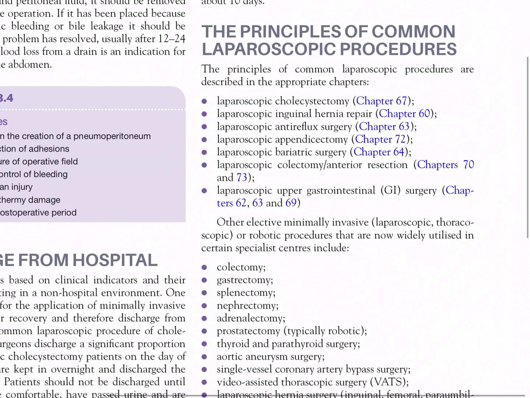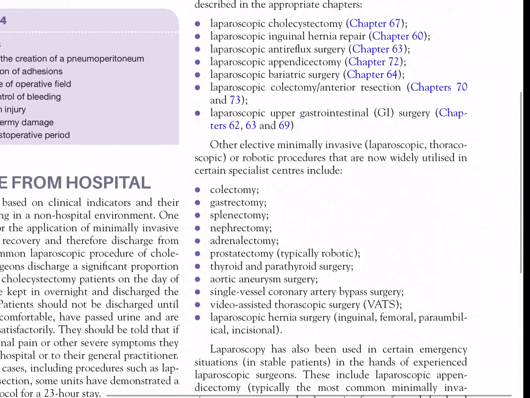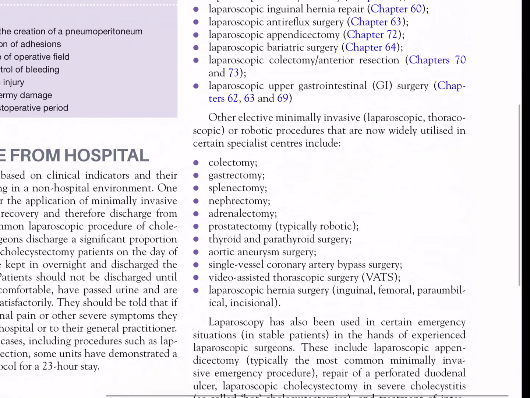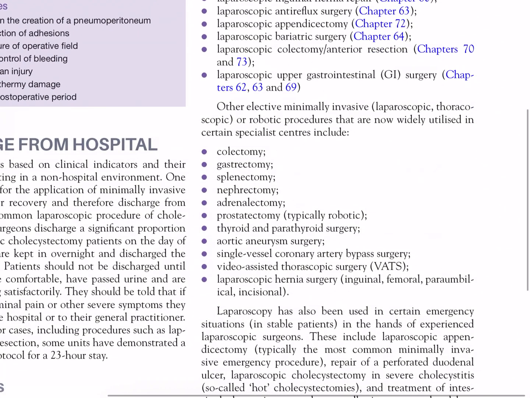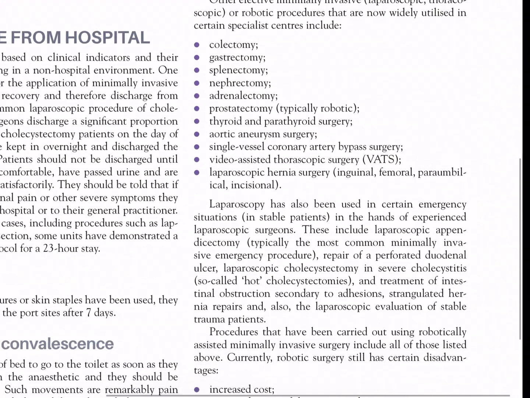Other elective minimally invasive laparoscopic, thoracoscopic or robotic procedures that are now widely utilized in certain specialty centers include colectomy, gastrectomy, splenectomy, nephrectomy, adrenalectomy, prostatectomy (typically robotic), thyroid and parathyroid surgery, aortic aneurysm surgery, single vessel coronary artery bypass surgery, video assisted thoracoscopic surgery, and laparoscopic hernia surgery: inguinal, femoral, paraumbilical, incisional.